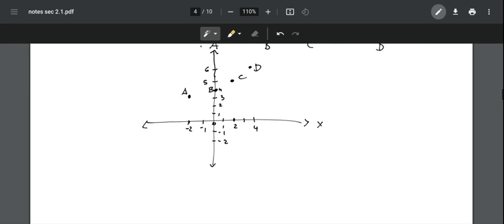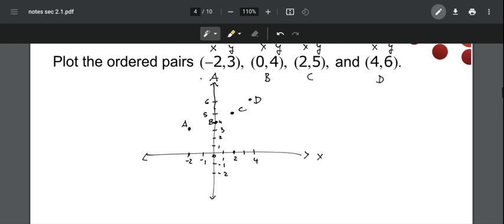And now I'm just going to describe it. So point A, (-2, 3), is in quadrant 2. Like you see, the coordinate plane has been divided into 4 pieces.